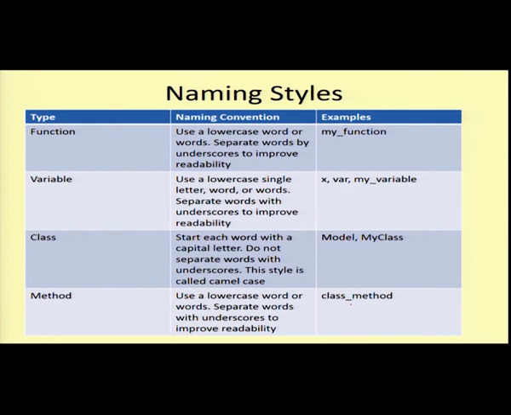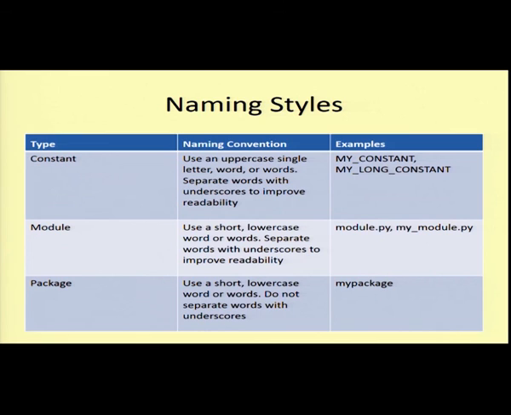Now, when you are going to use a constant, the naming convention is to use an uppercase single letter word or words, and each word should be separated with underscores to improve readability. For example, MY_CONSTANT, MY_LONG_CONSTANT.